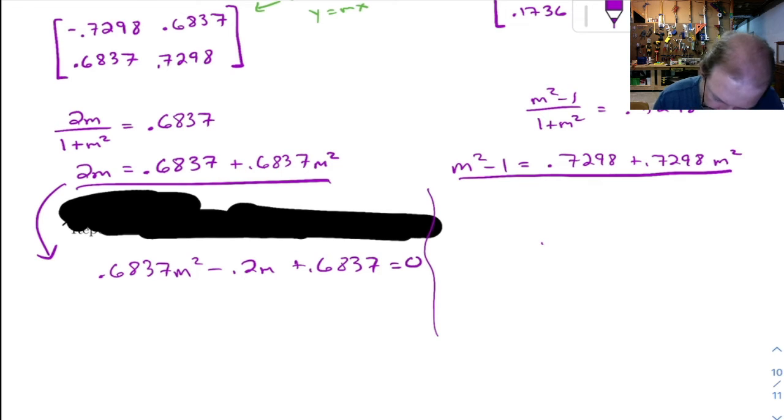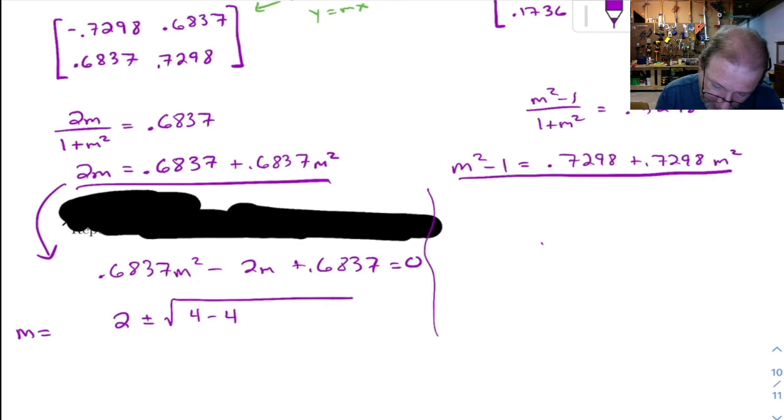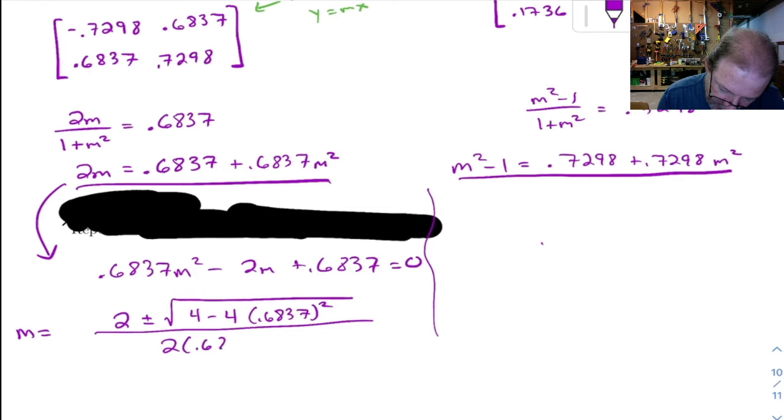So we get m is equal to minus b, somehow a decimal crept in there that's not supposed to be there. So I get 2 plus or minus the square root of b squared minus 4 times a times c. Notice a and c here are the same thing. So 0.6837 squared, over 2 times 0.6837.